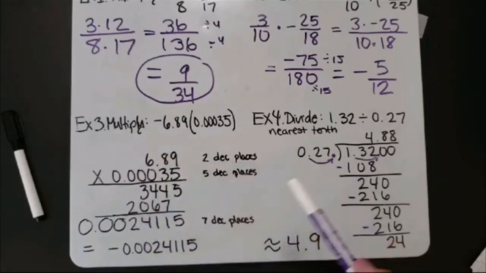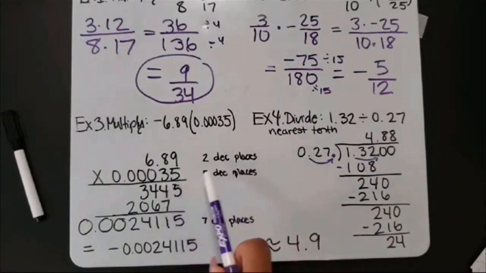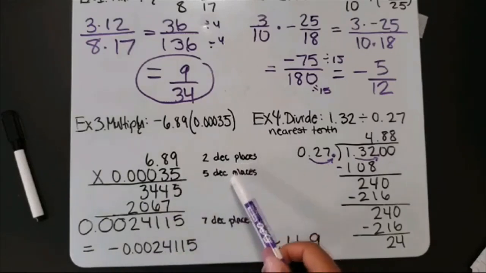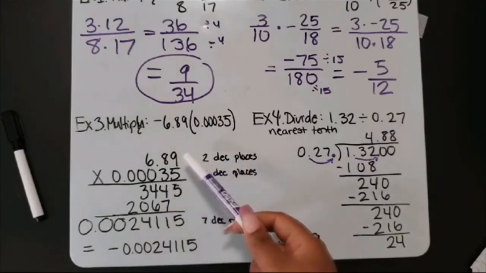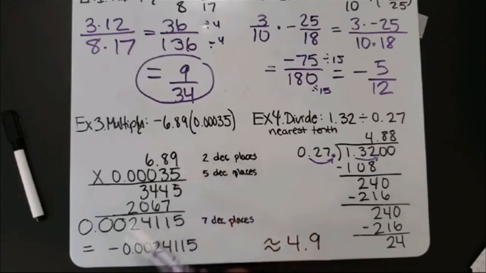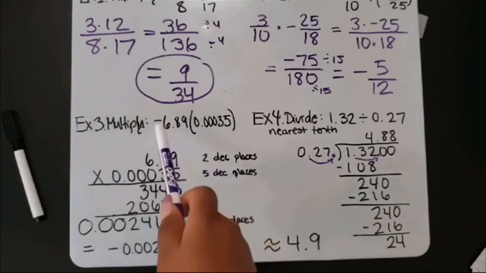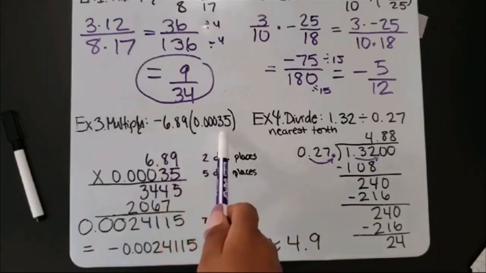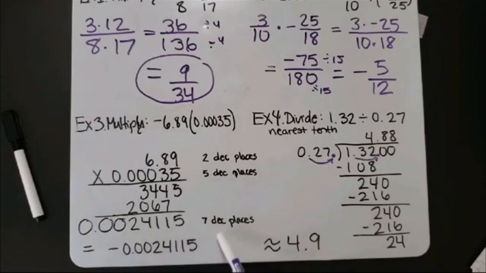Same way we do regular multiplication, but with the decimals, your ending answer has to be the sum of the decimal places. So this first number has 2 decimal places. This one has 5 decimal places. So the ending answer has to be negative, because we have a negative being multiplied by a positive. So the ending answer is negative, and it should have 7 decimal places.